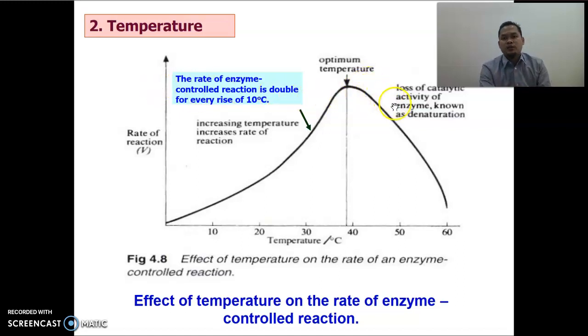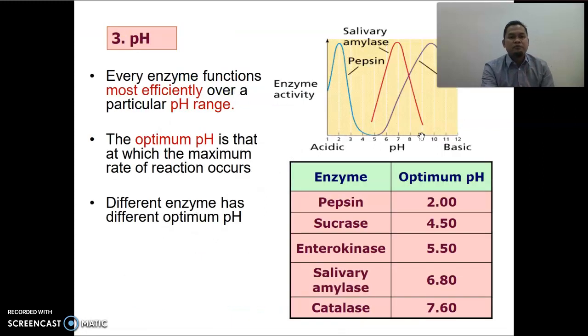Above the optimum temperature, the rate of reaction decrease as the enzyme become denatured. High temperature above the optimum will break down the bond that maintain 3-dimensional shape of the enzyme. So no longer substrate able to bind to fit with the active site. Nanti kita jelaskan macam itu.